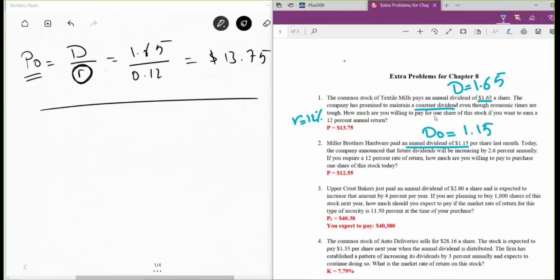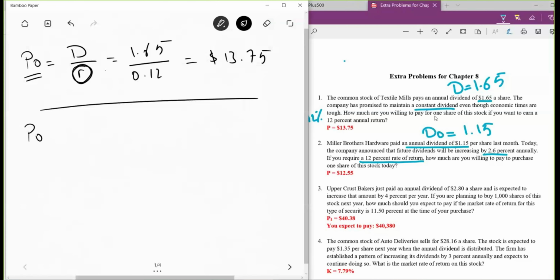Today, the company announced that future dividends will be increasing by 2.6%. This is the growth rate G. So if you require a 12% rate of return, how much are you willing to pay to buy one share of the stock today?